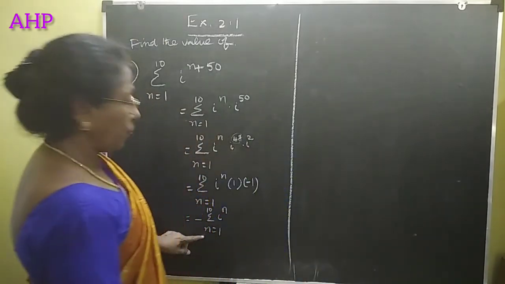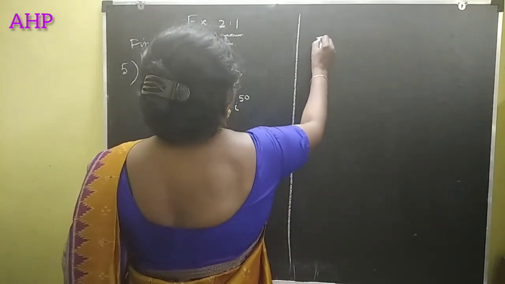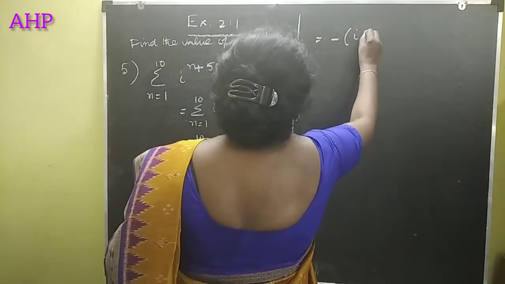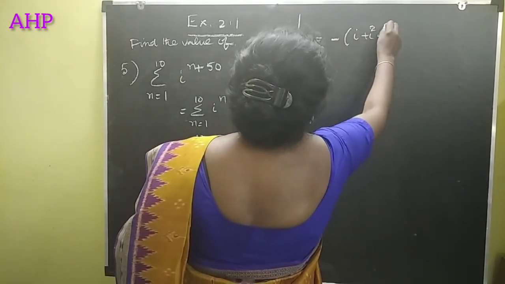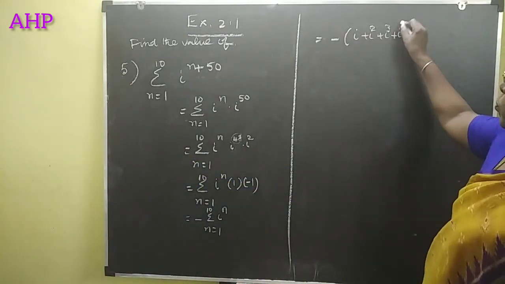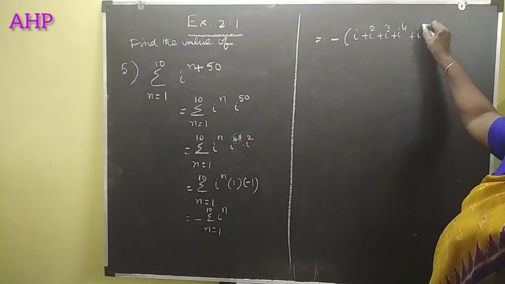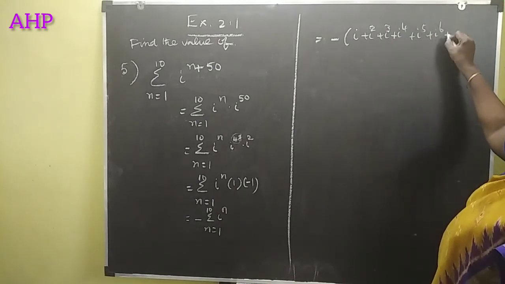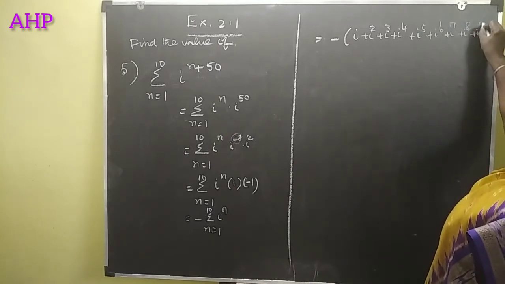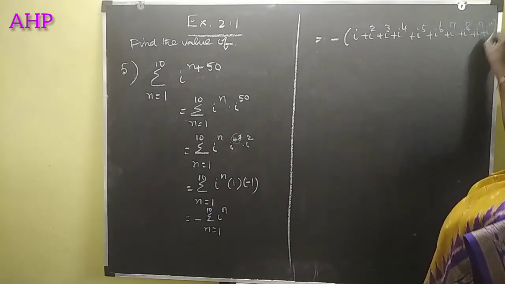See, this can be expanded as minus i plus i square plus i cube plus i power 4 plus i power 5 plus i power 6 plus i power 7 plus i power 8 plus i power 9 plus i power 10.